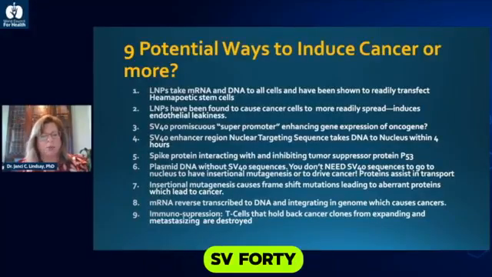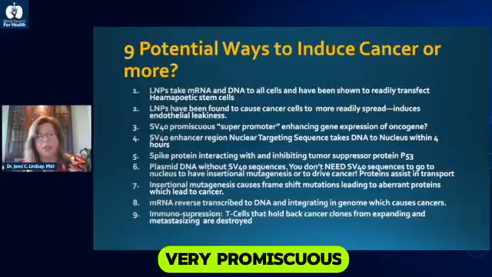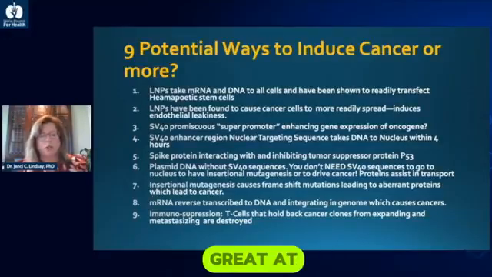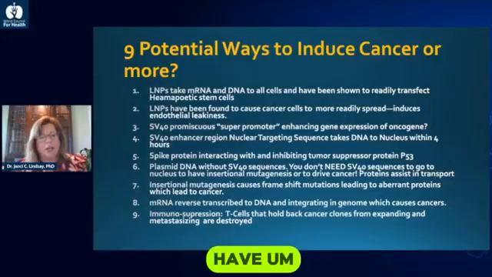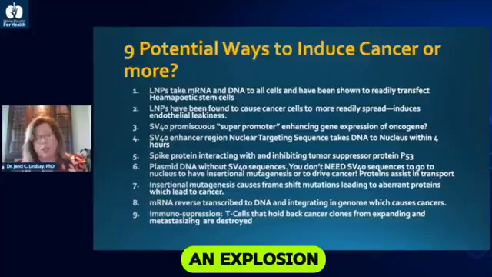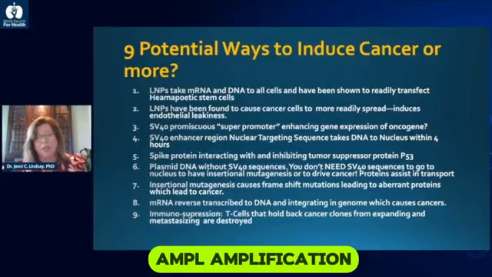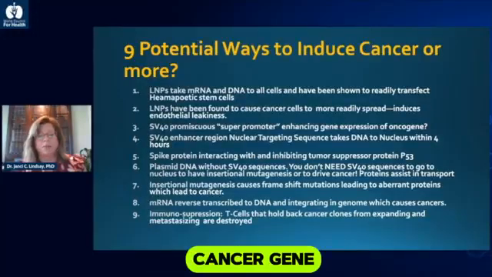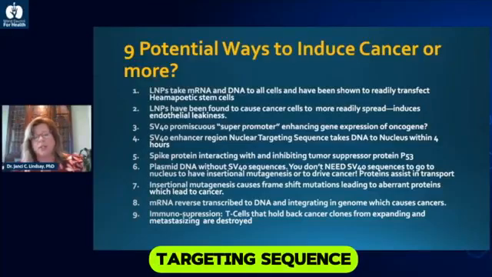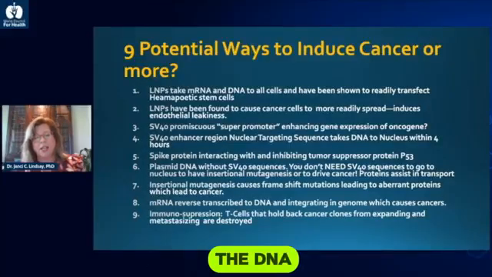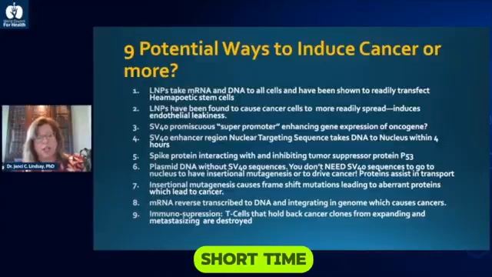So the SV40 promoter is very promiscuous. It's a super promoter. It's great at driving gene expression. And if that should sit above an oncogene, of course, you could have an explosion of an amplification in a cancer gene. The SV40 enhancer region, the nuclear targeting sequence, as Kevin described, also takes the DNA to the nucleus within a very short time period.